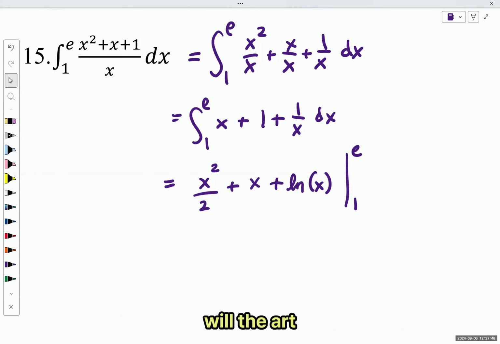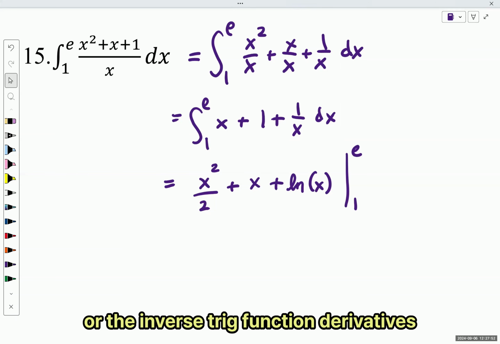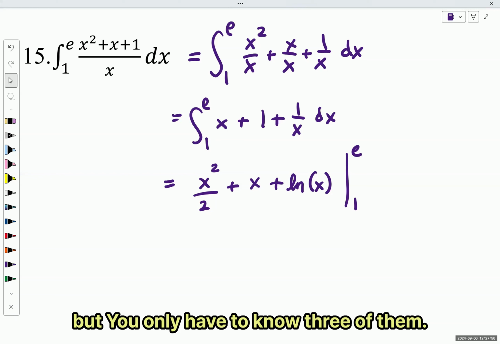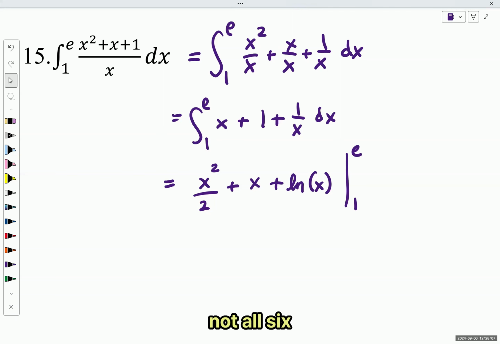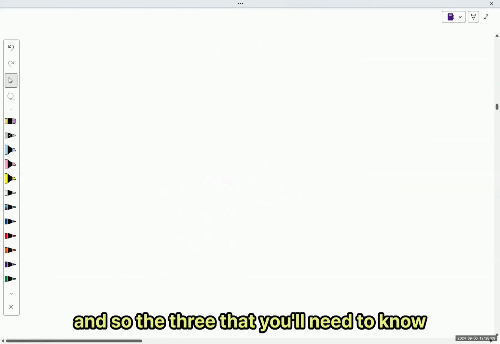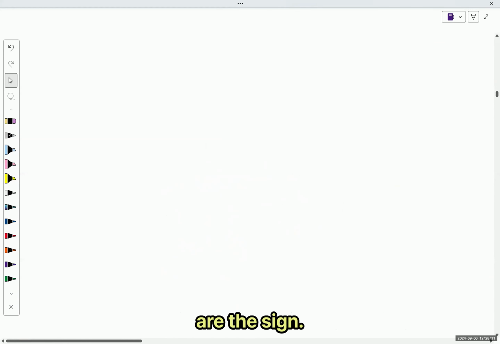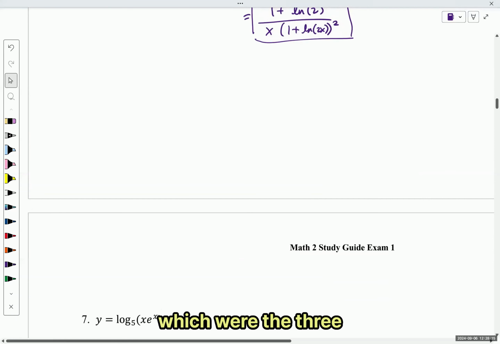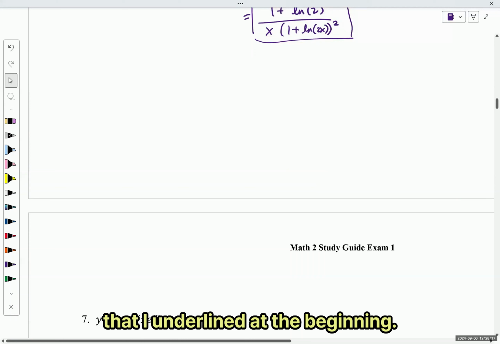So to answer the question, will the arc or the inverse trig function derivatives be given? No. But you only have to know 3 of them, not all 6. And so the 3 that you'll need to know are the sine, tangent, and secant, which were the 3 that I underlined at the beginning.